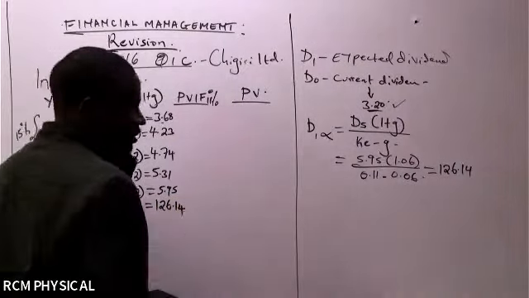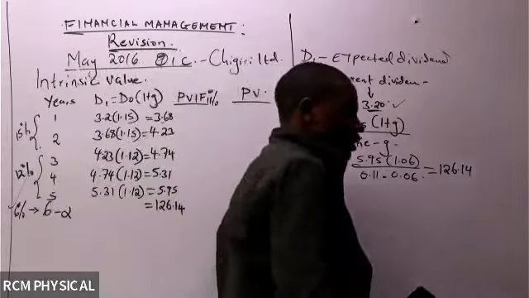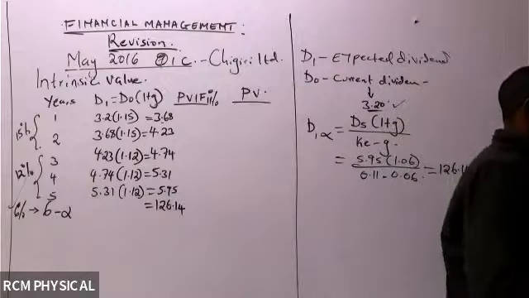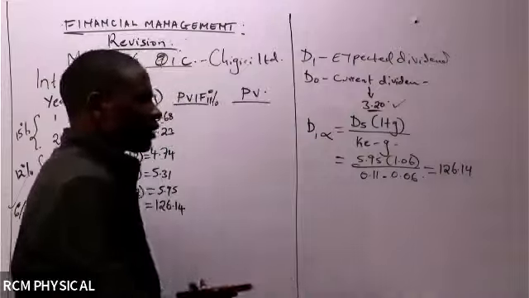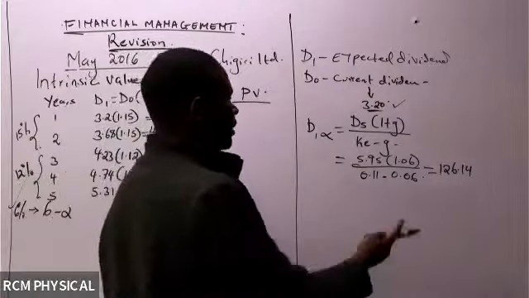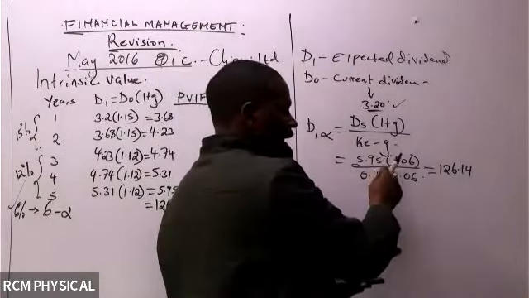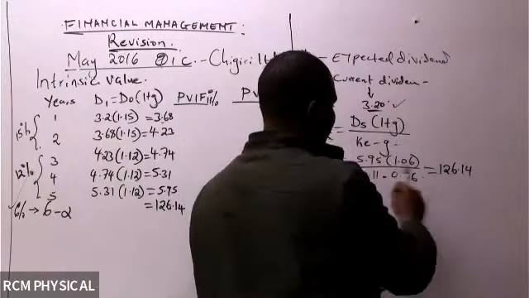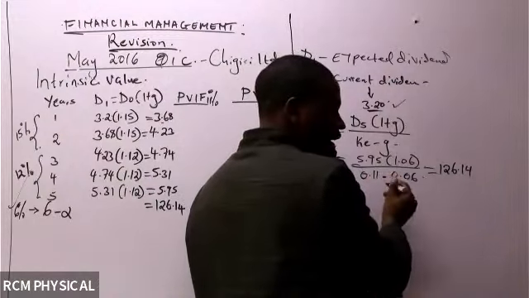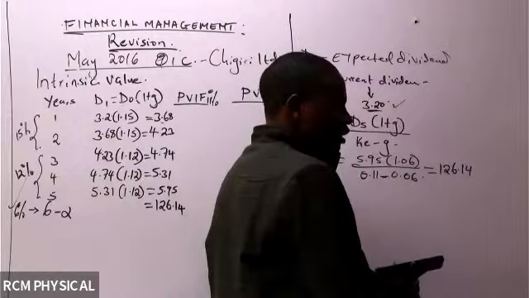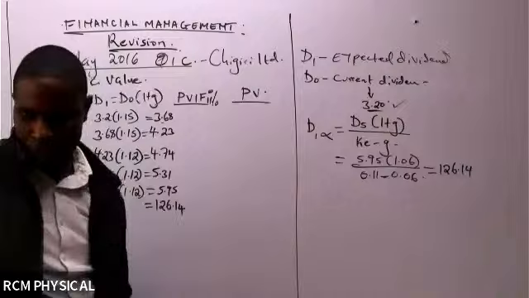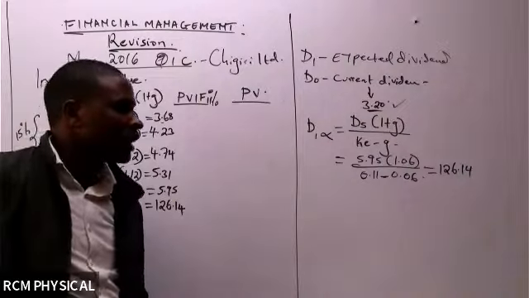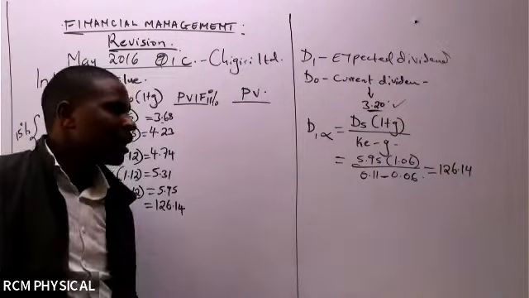Now, class, I would like to know whether we are together up to that point. Some people are getting 121. Can you confirm? Is it 121 or 126? Remember here we have 5.95 times 1.06 divided by the difference between the two. It is confirmed, it is 126.1. Up to that point, class, are we together?